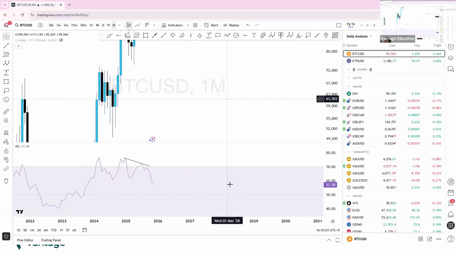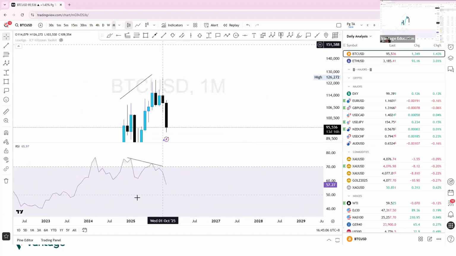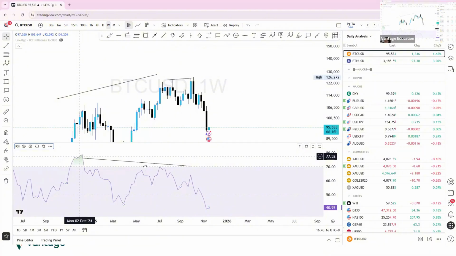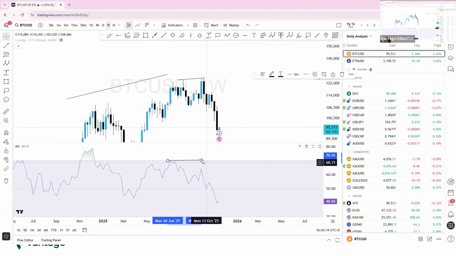And the D1 in the weekly time frame, you also see it very obviously in this high. Weekly, you'll see that price makes a higher high, while the indicator makes a big lower high.